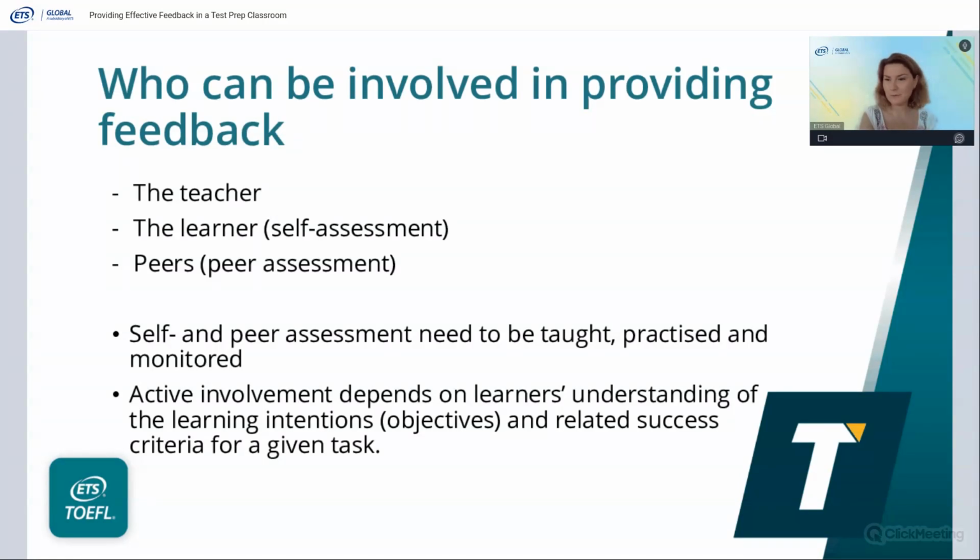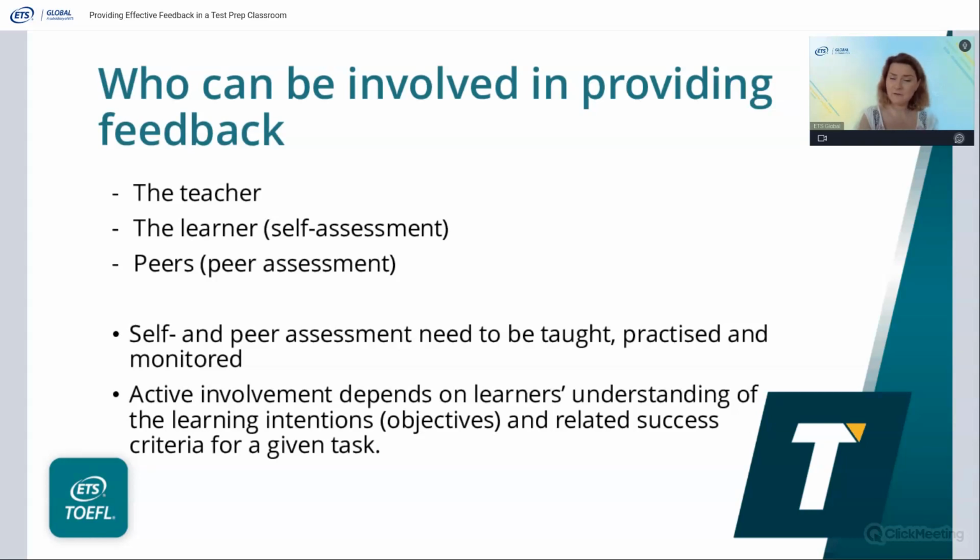Sometimes they think that peer assessment is about saying one or two good things about somebody's work and one thing to improve, which is the so-called sandwich technique, that also has both supporters and people that don't think it's a very successful technique.